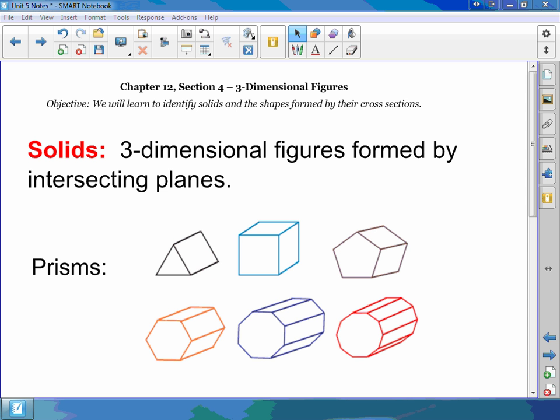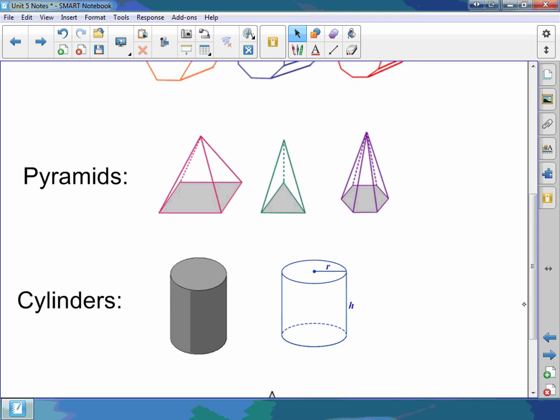The next one, pyramids. I don't know how many different types of pyramids there are. You see a couple drawn on your paper. I have what I would call a square pyramid. You guys know what pyramids are. You've got a base, you've got the vertex at the top, but every other face on the pyramid is a triangle, right? That's what makes it a pyramid.